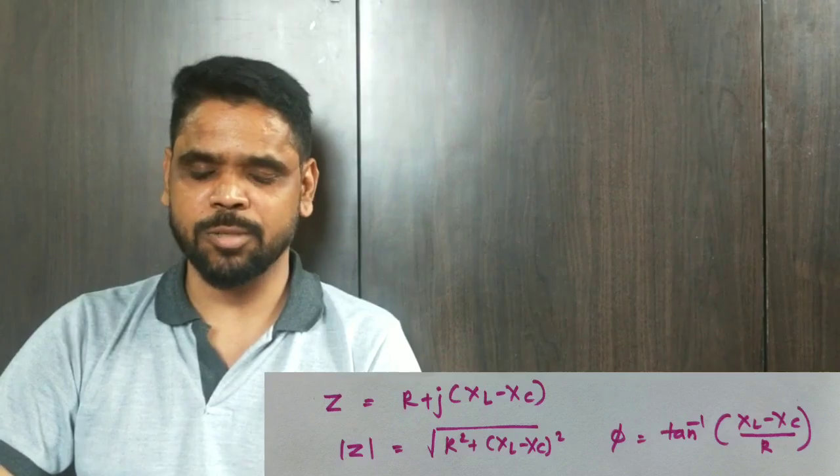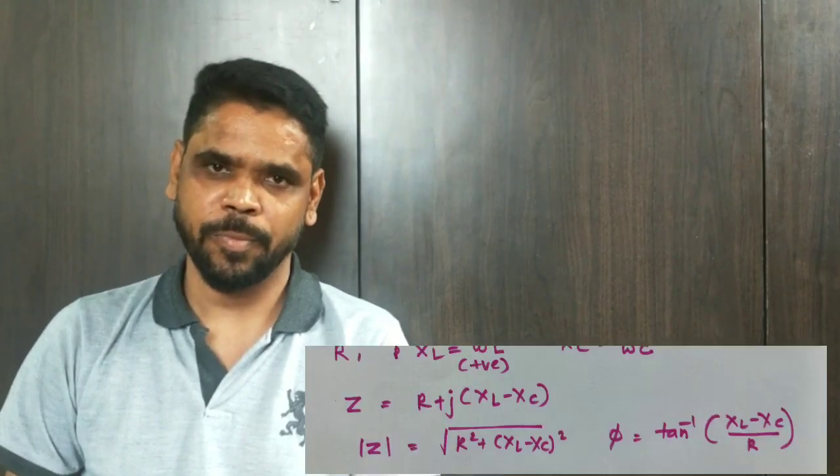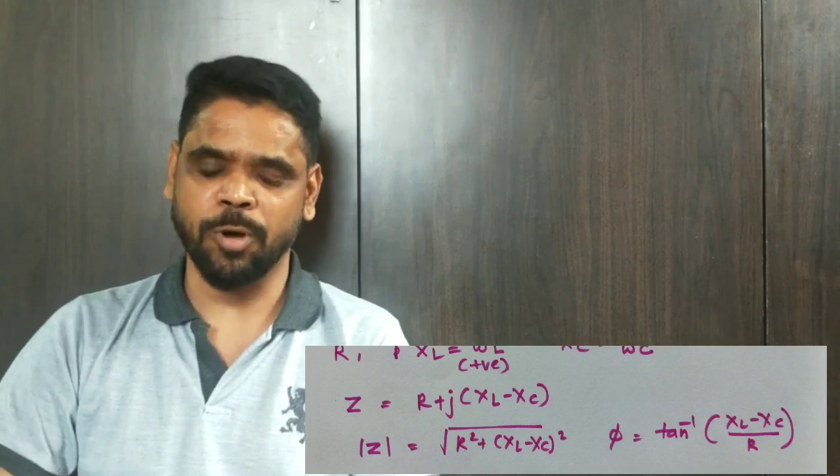Inductive reactance is positive, that's why XL minus XC, because capacitive reactance is negative. So net reactance is XL minus XC. Now this impedance is expressed in rectangular form, consisting of a real part and an imaginary part. The real part is the resistance and the imaginary part is the reactance.